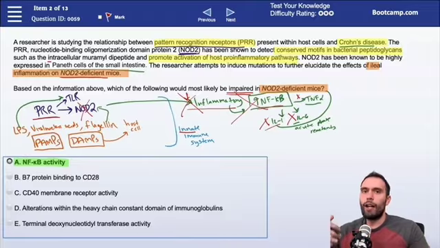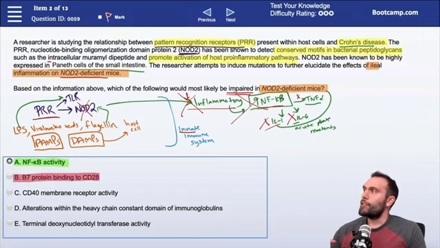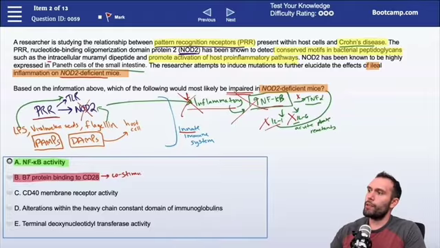If you're watching these videos sequentially, we haven't talked about some of these other things yet, but I'll give you a little rundown as to why they're not correct. B7 protein binding to CD28. B7 and CD28 come together to perform a co-stimulatory signal.